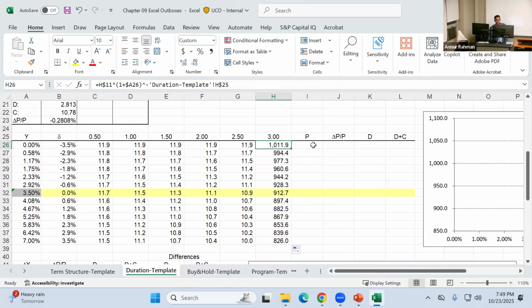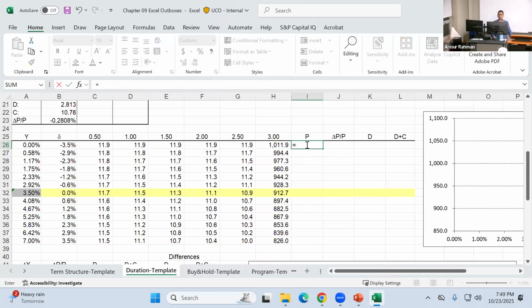So how will we calculate the price then here? What will be the price? Sum of these cash flows, right? No, it's still wrong. 600. Let's see. So you have C11 and then A. Okay, so you need to lock the column, that's correct.